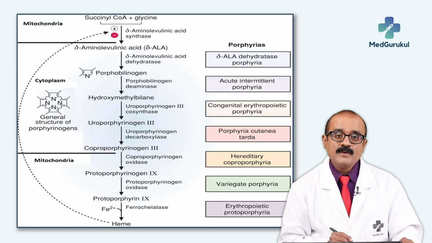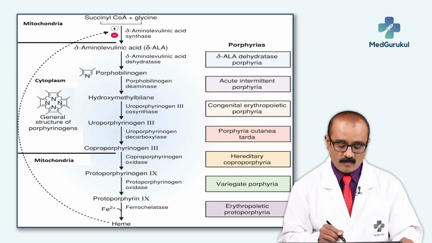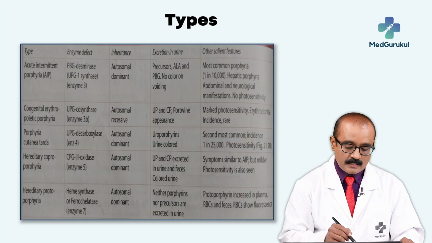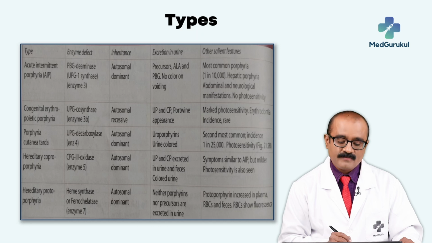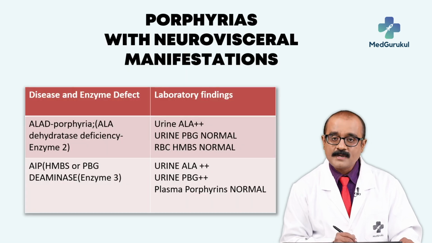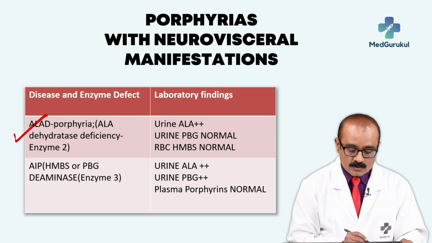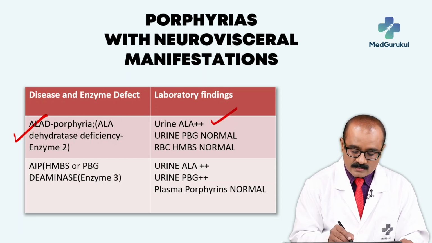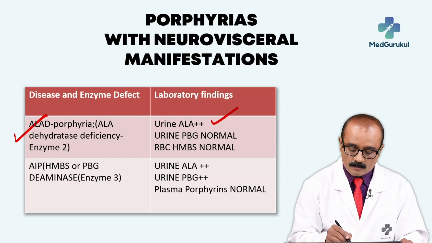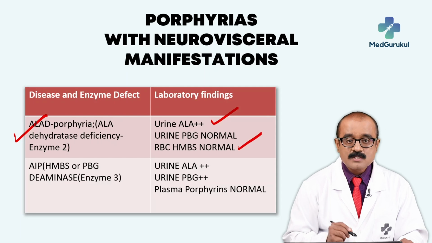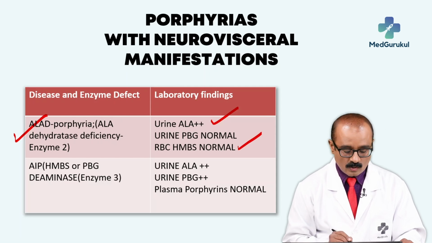But we will have to go through what are the lab investigations we see in each type of porphyria. So, this is the table showing the porphyrias, but we have kept a separate table. The first one is ALA dehydratase porphyria. Usually in urine, ALA is increased, urine PBG is normal, RBC HMBS, that is hydroxymethylbilane synthase, is also normal.